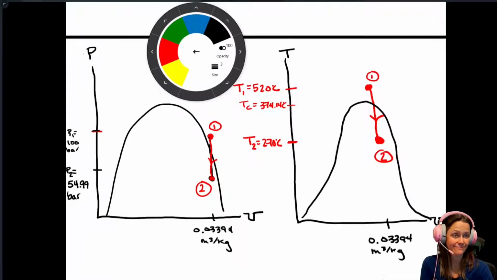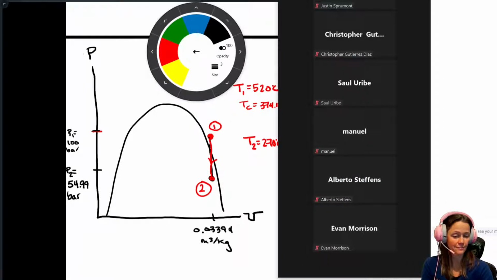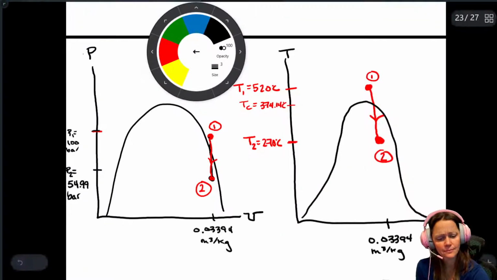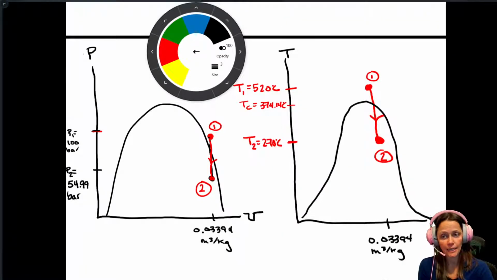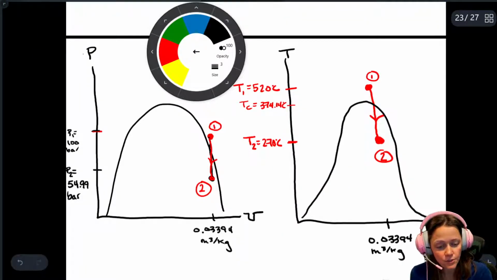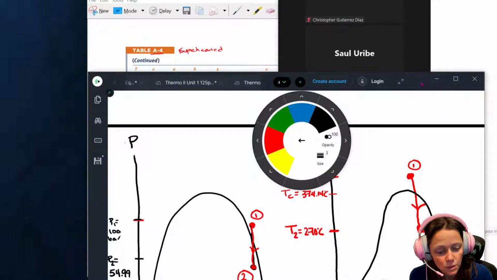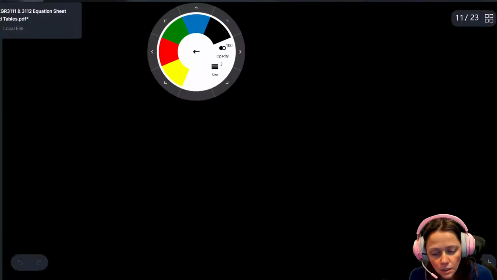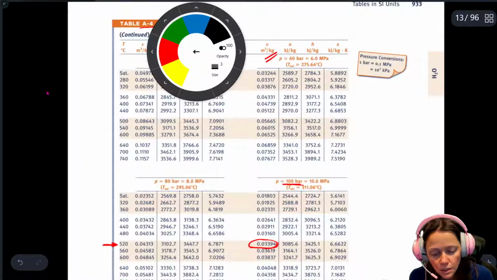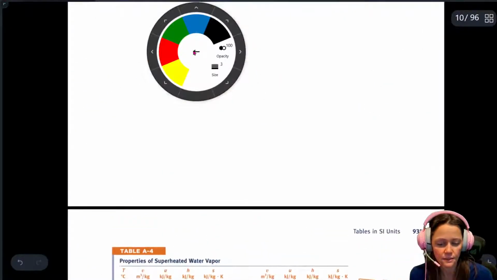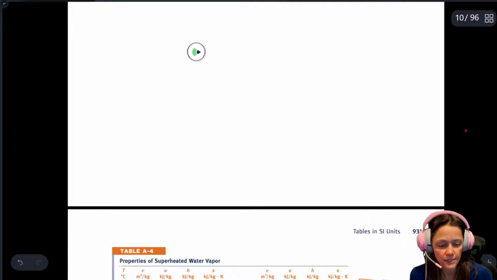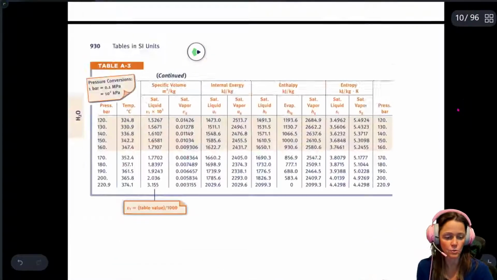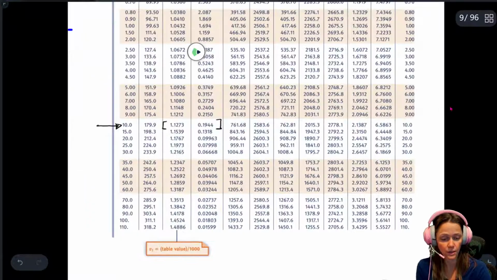I actually had a question real quick. Sure, yeah. So you said you're giving us an equation sheet on our test? It is. So here's this whole packet. That's what I'm giving you, all 96 of those pages in that order.